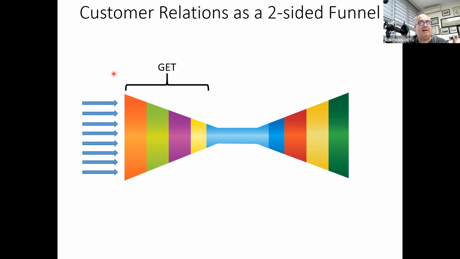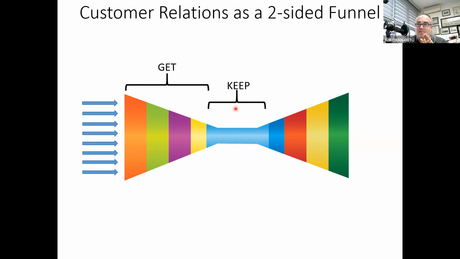But let's assume that you are able to capture, turn into customers, convert a portion of the potential customers. So now that you have gotten them, what do you do with them? Well, the next thing you need to worry about is how do I keep my customers, or how long do they stay with me? So keeping the customers is very important, because the longer your customer stays with you, typically the more money you make from those customers.